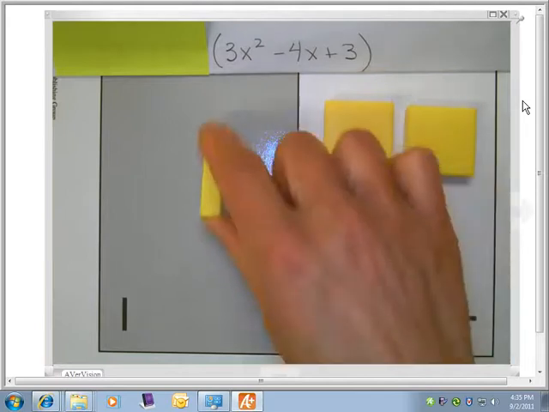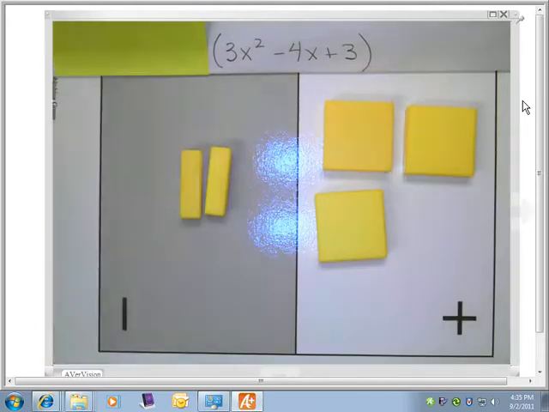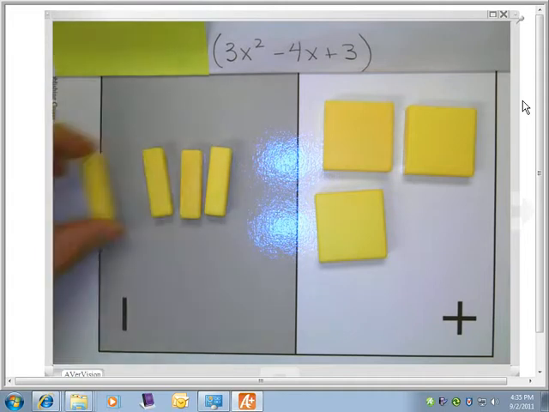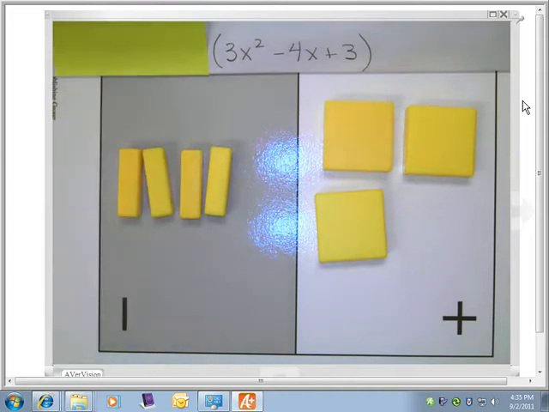Then I have negative 4x. Notice I put all my x's in the negative side. And then I have plus 3. So with manipulatives, that's what that would look like.